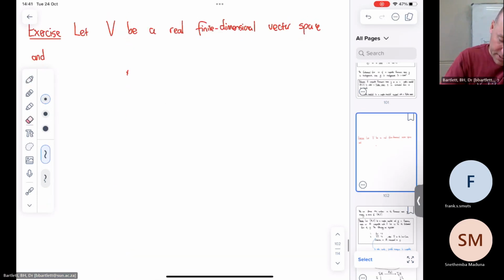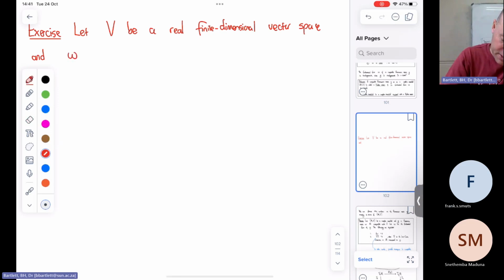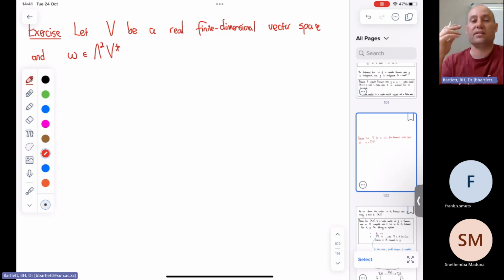You've got an antisymmetric two form. I don't think it even needs to be antisymmetric for this thing, but let's make it. So it's an antisymmetric two form. So it's an element of the second wedge of the dual of V, right? So in other words, it eats two vectors in V and spits out a number in an antisymmetric way.